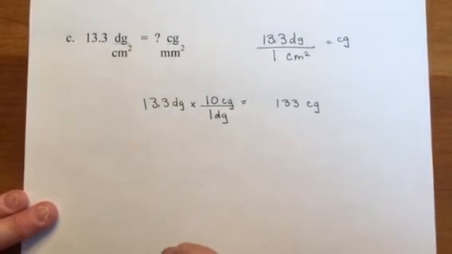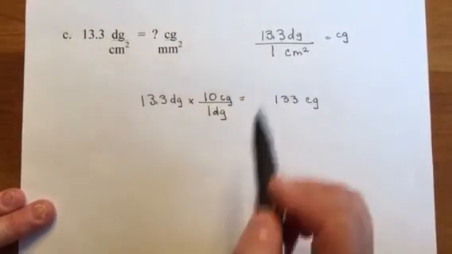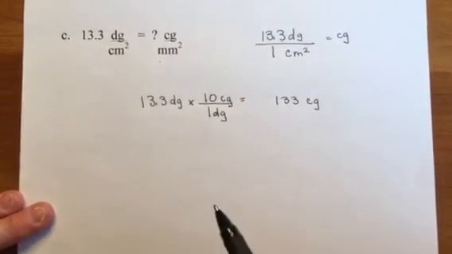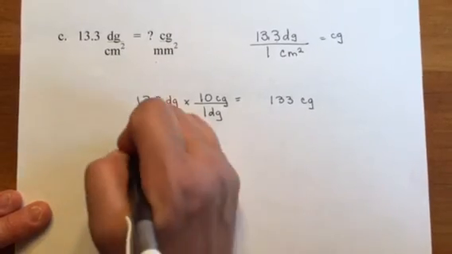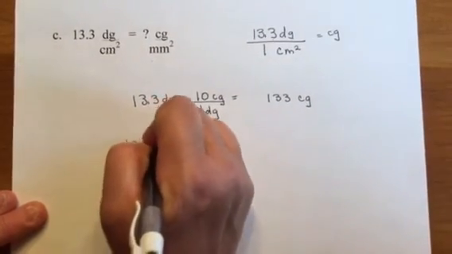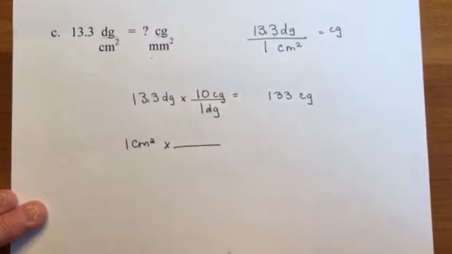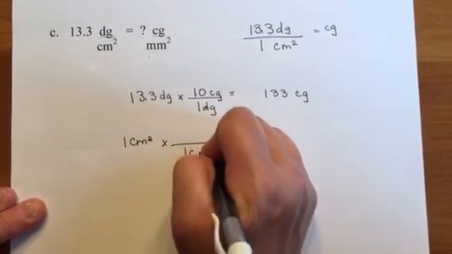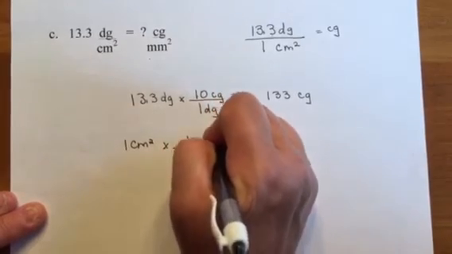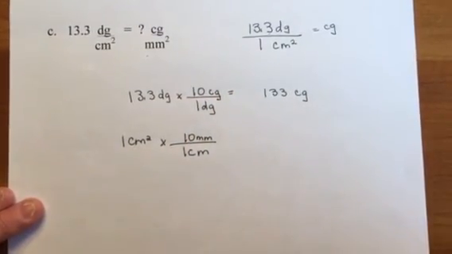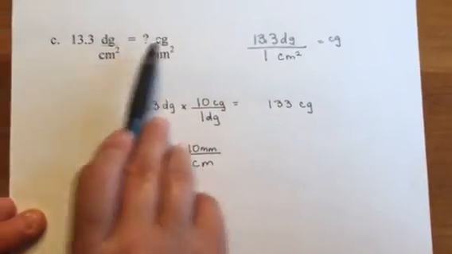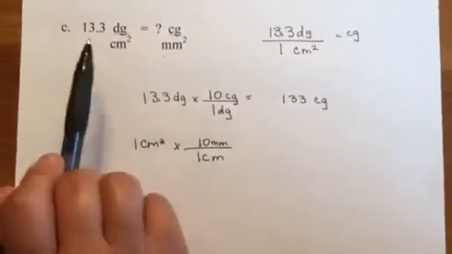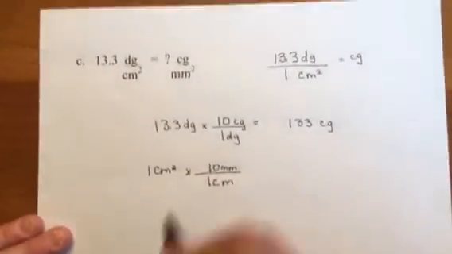Now we're going to look at the squared centimeters and turn them into squared millimeters. So we have 1 centimeter squared. And in 1 centimeter, there are 10 millimeters. Again, we need to square both of these because we want to get squared millimeters and we want to get rid of squared centimeters.